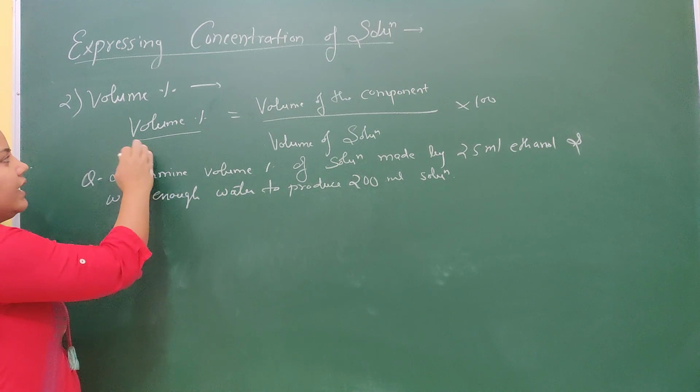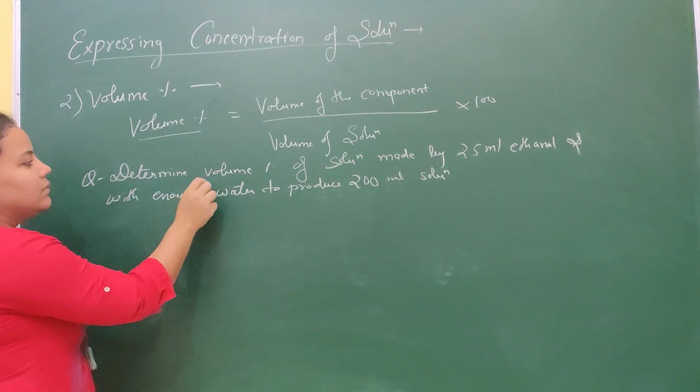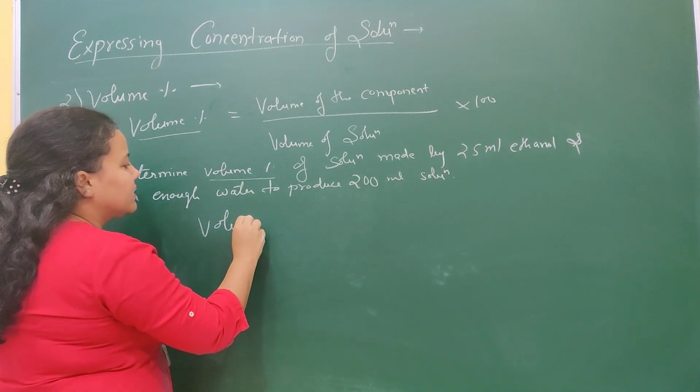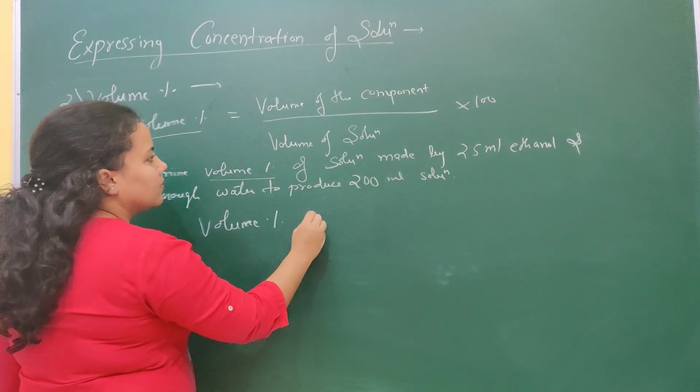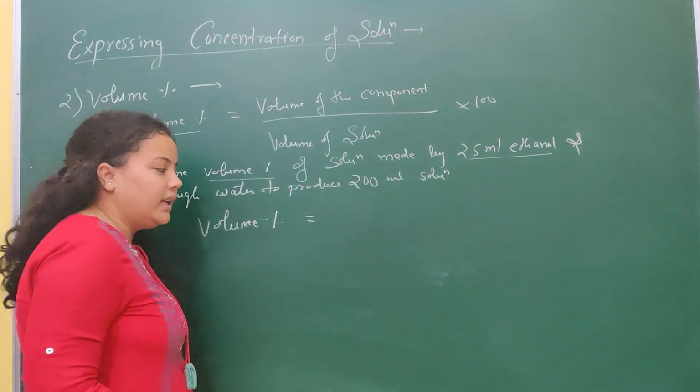So here we are taking an example of volume percent. Now suppose I give you a question: determine the volume percent, which is a question mark, of a solution made by 25 ml ethanol.